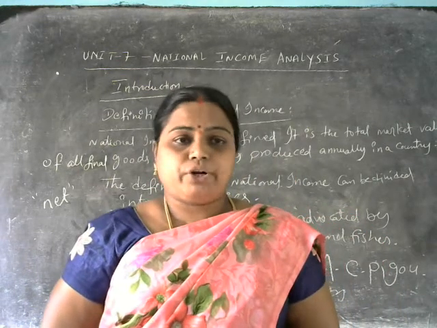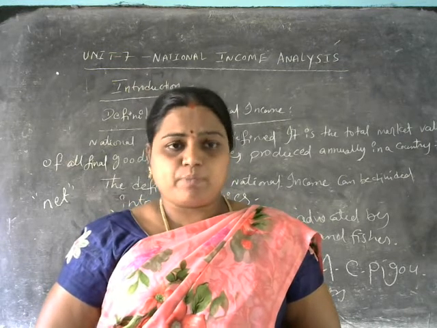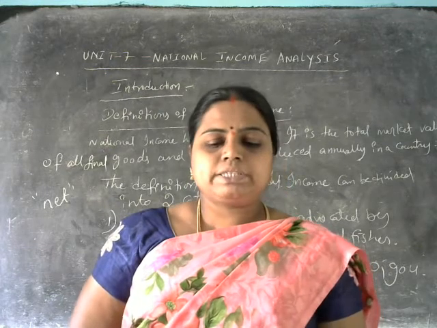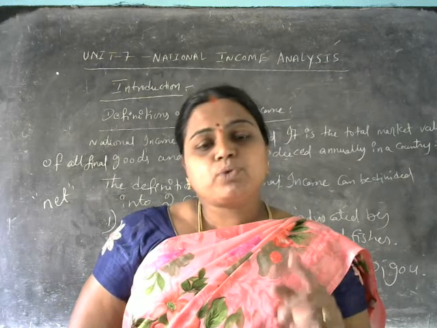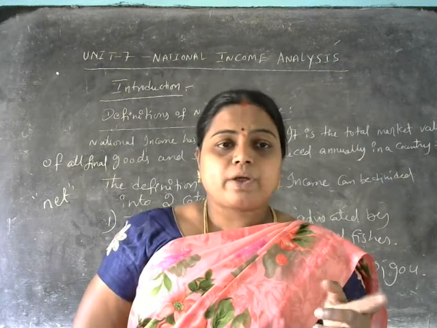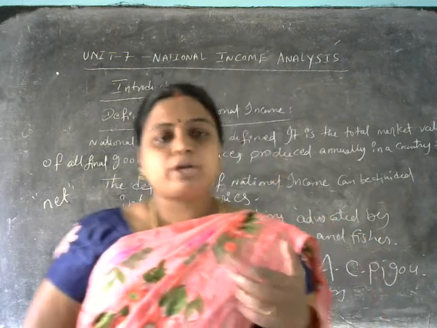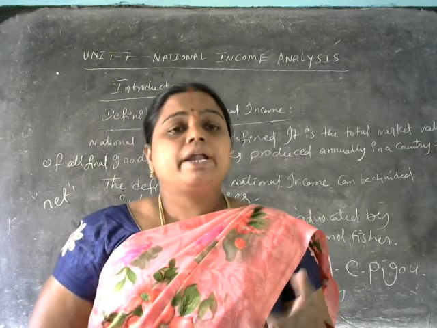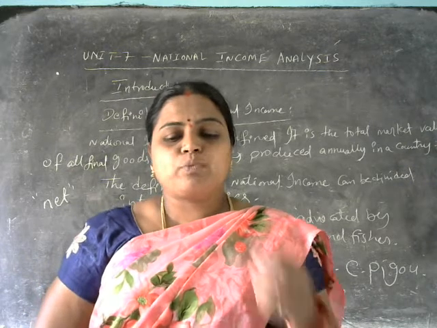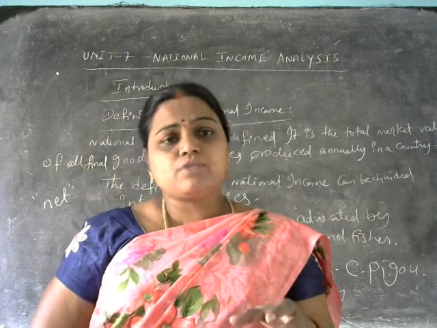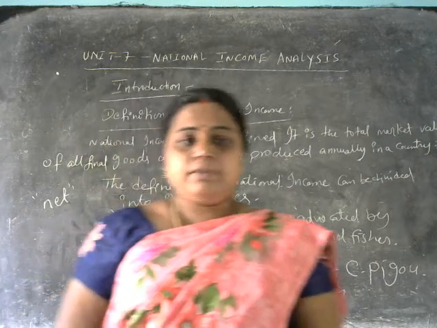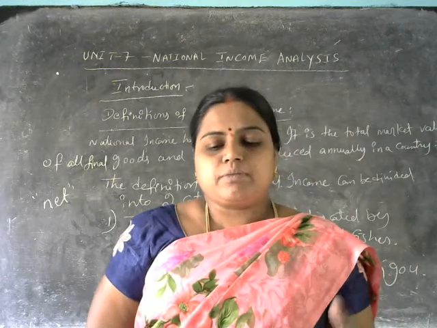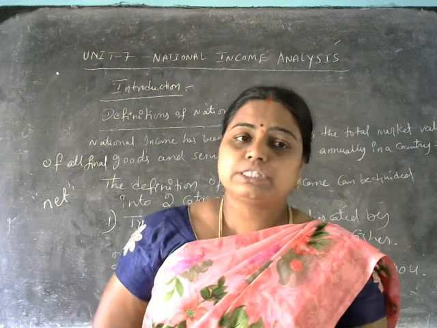From the modern economy point of view, according to Kuznets, national income is the net output of commodities and services, goods and services, flowing during a year, within one year, from the country's productive system into the hands of the ultimate consumers.